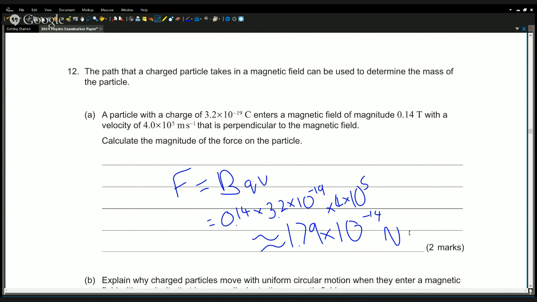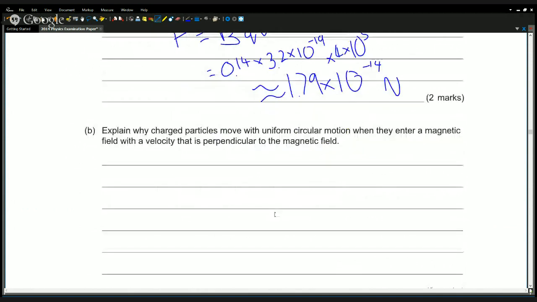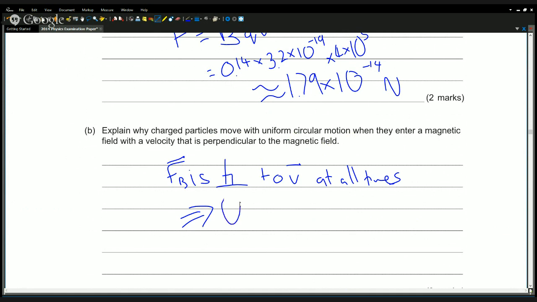Explain why the charged particle moves with uniform circular motion when it enters magnetic field with velocity perpendicular to the magnetic field. Okay, now force is at right angles, so you should write this out in words. I'm doing it in symbols, this is annoying writing with my finger. So force magnetic is perpendicular to V, which implies, so if your force is at right angles to your velocity, that implies uniform circular motion.